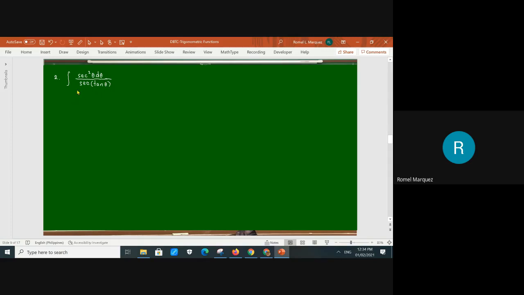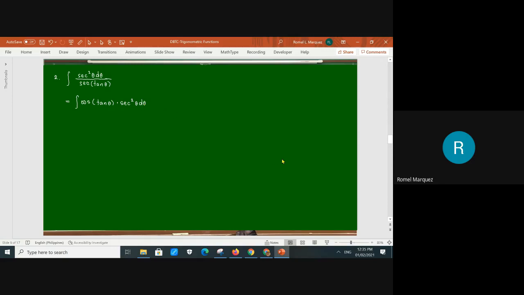Instead, let's try to have the secant whose argument is tangent, and tangent is related to secant squared. But we do not have 1 over secant. What we have is cosine. From trigo, I can write that 1 over secant is cosine, and then its argument is tangent. And the derivative of this is what? Secant squared theta d theta.